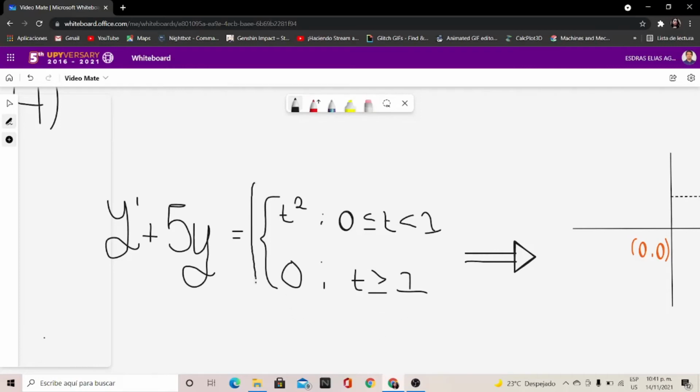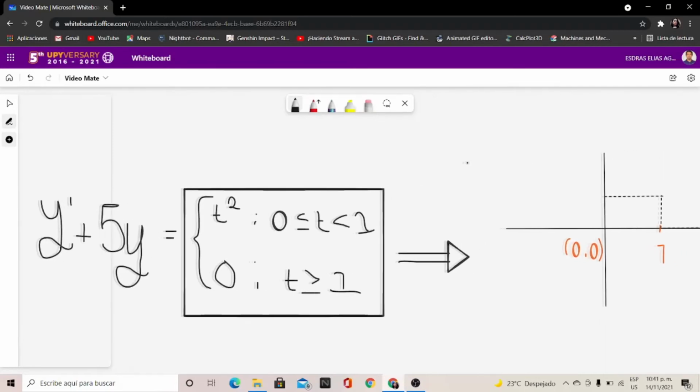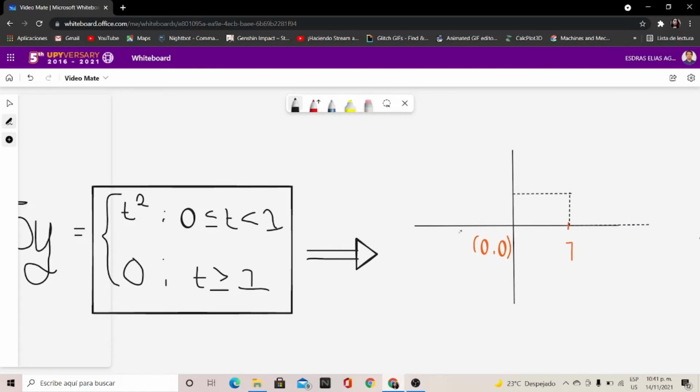This part can be written as a graphic to understand this statement better, because when t is between 0 and 1, the function is activated because it has a real value, t squared.